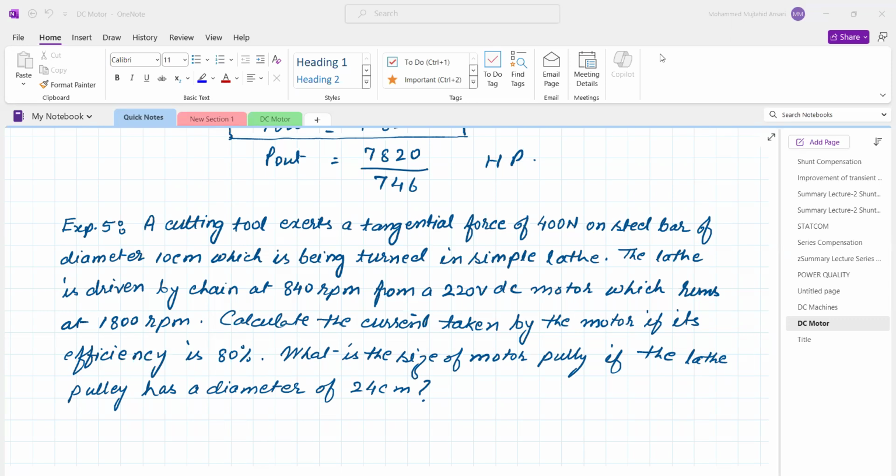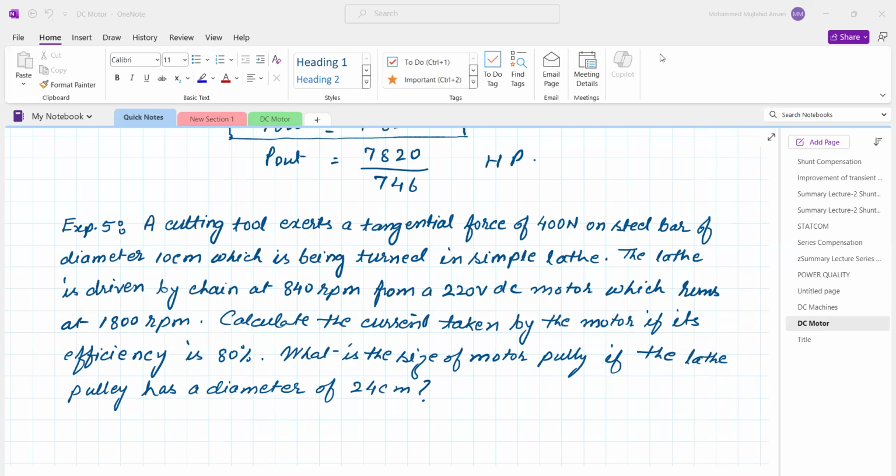Now this next example is that a cutting tool exerts a tangential force of 400 Newton on the steel bar of diameter 10 centimeter, which is being turned in a simple lathe.